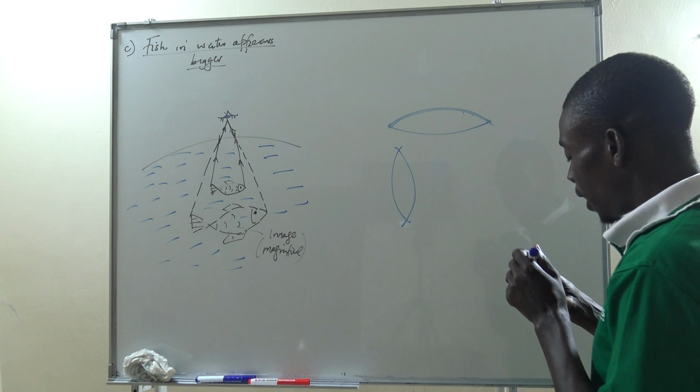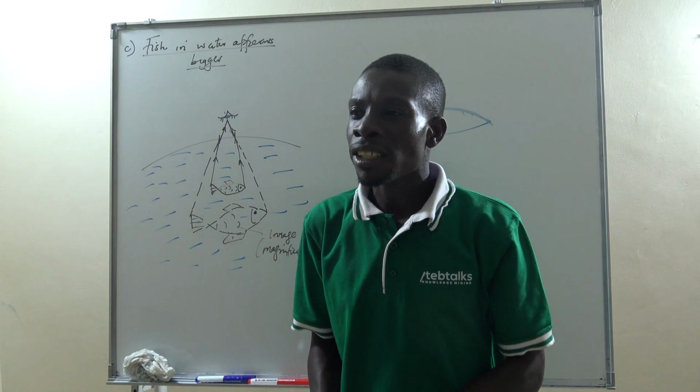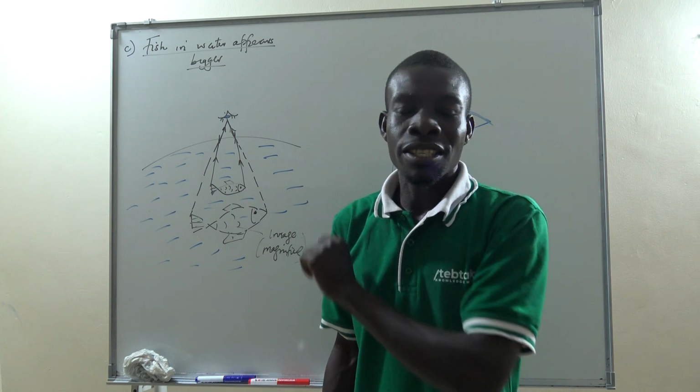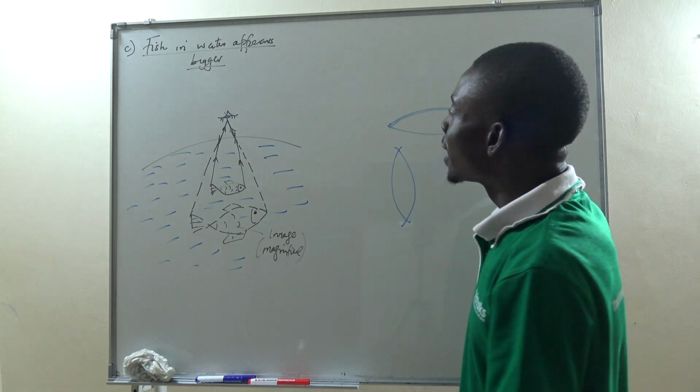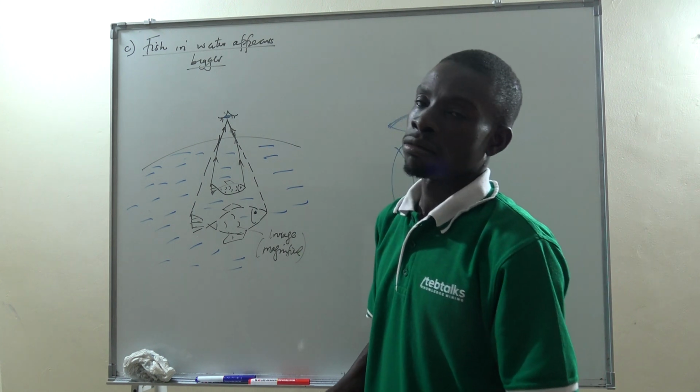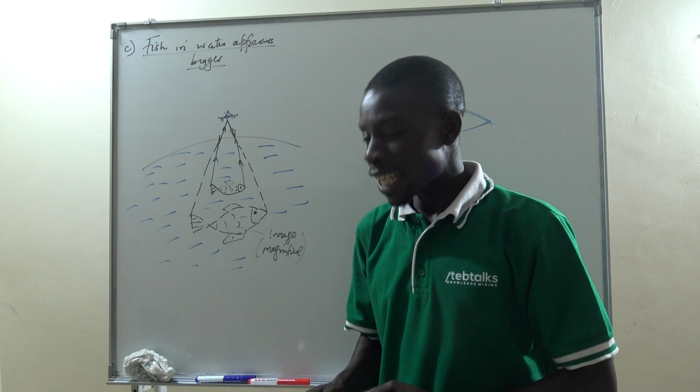That is what happened. And again, we know that with convex lenses, if the object is within the focal length, the image is always magnified.